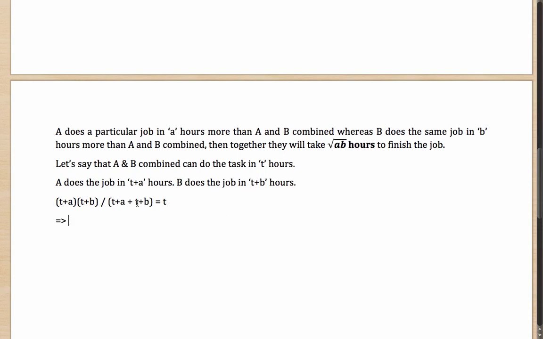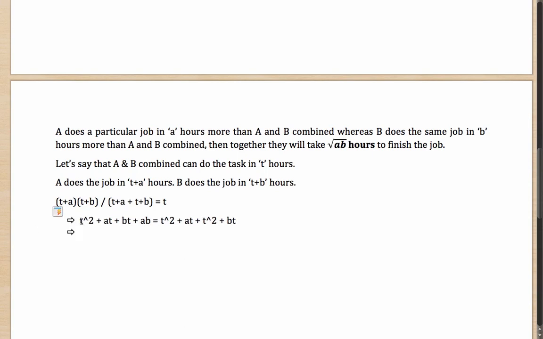I take (T plus A) into (T plus B) to the other side. On the left hand side, I'll be left with T square plus AT plus BT plus AB. On the right hand side, on the other line, I will have T square plus AT plus another T square plus BT.